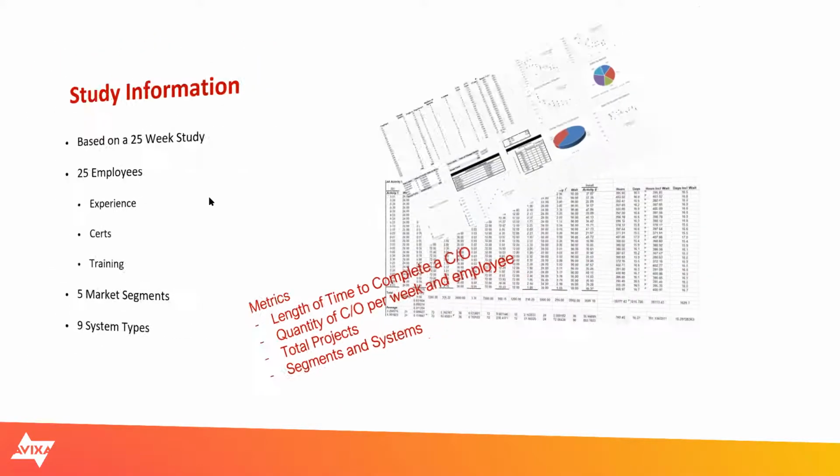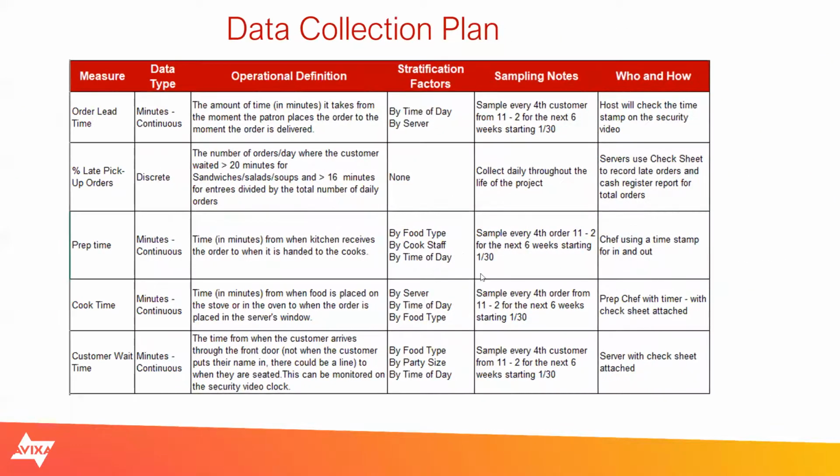So we set ourselves a data gathering plan, and this is not the plan, this is one for a restaurant, but we put together a plan as to what we wanted to measure, how we're going to get that data, and what the organization sees as that particular item that we need to measure, how they define it. One example I'll give you is another case where I was consulting, and they were trying to determine how to improve customer service.